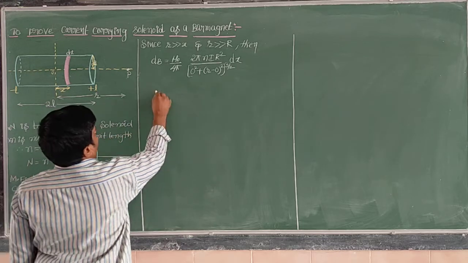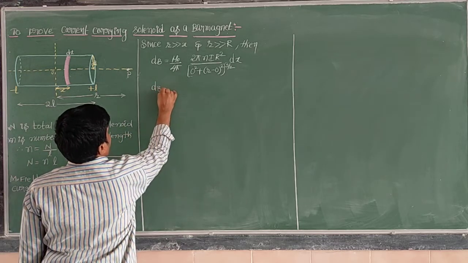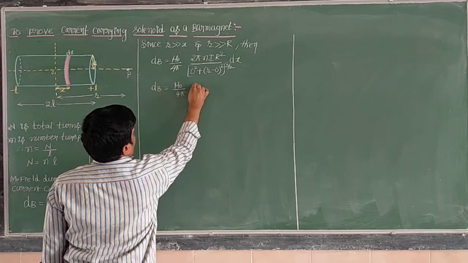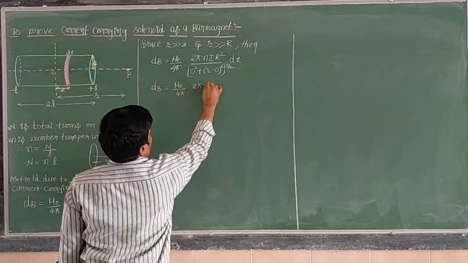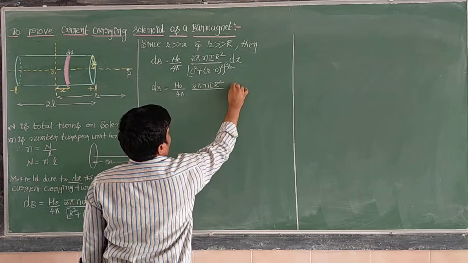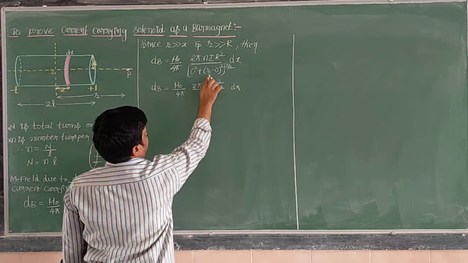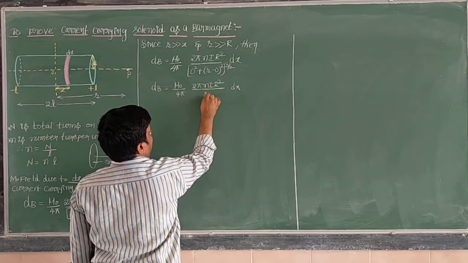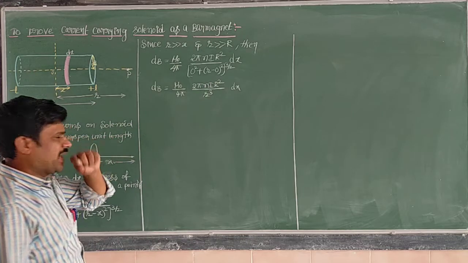And finally, dB is equal to mu naught by 4 pi into 2 pi n I r square into dx divided by r square whole power 3 by 2. So what you may get, r cube you may get.